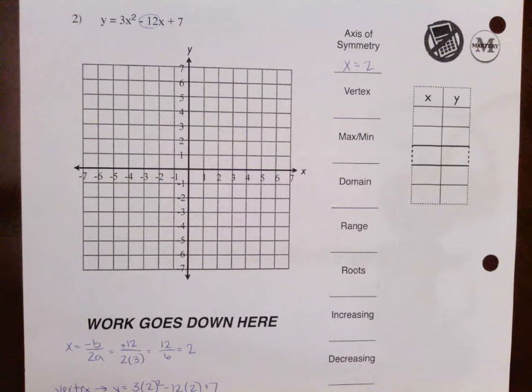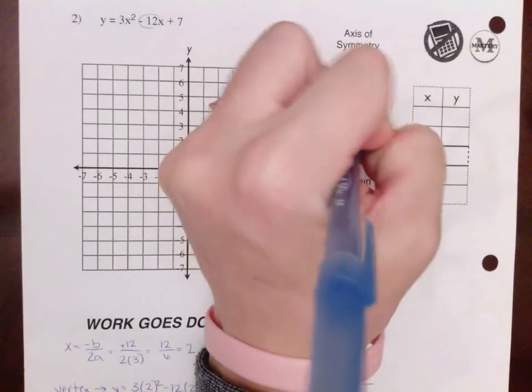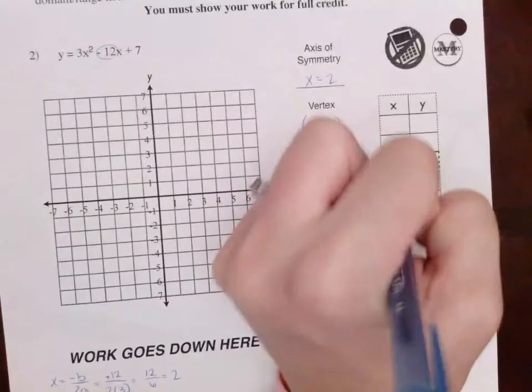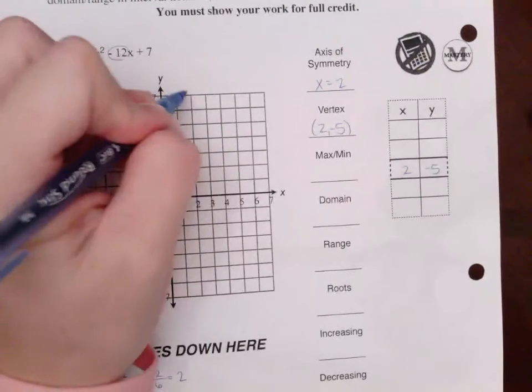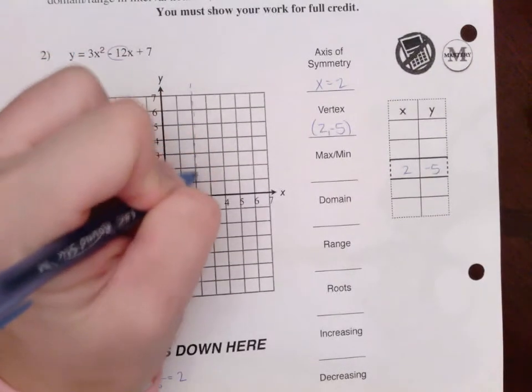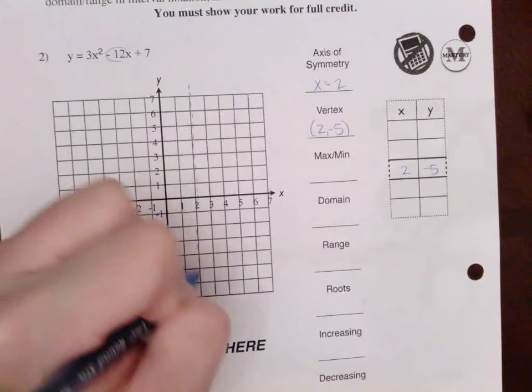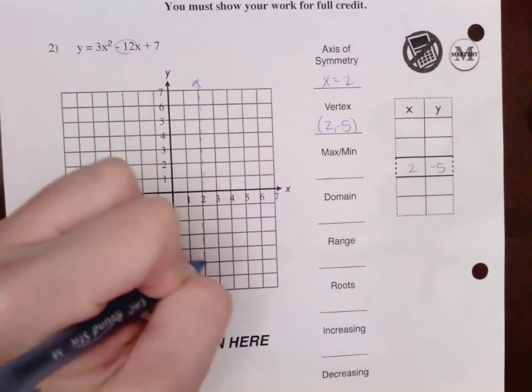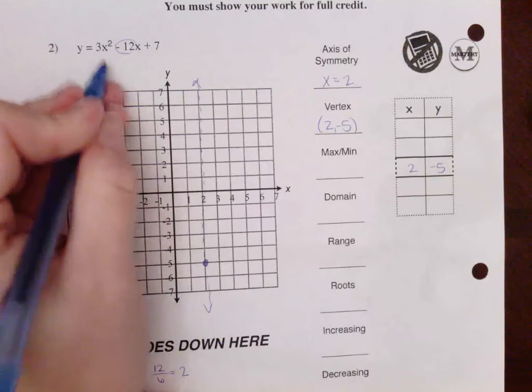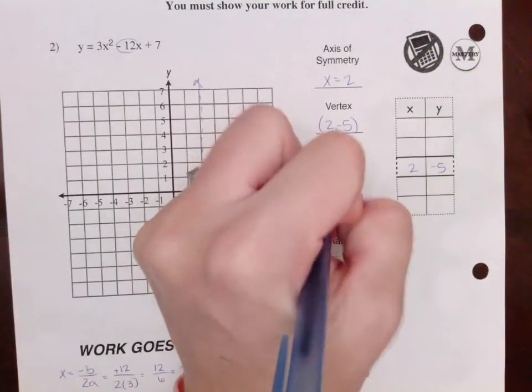Negative 12 plus 7 is negative 5. So 2, negative 5, we'll plug that into the middle of our table. We can draw our axis of symmetry through 2. We'll plot 2, negative 5. Our a is positive, which means we're going to have a minimum.